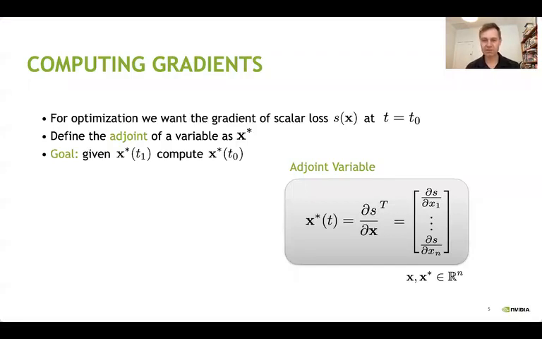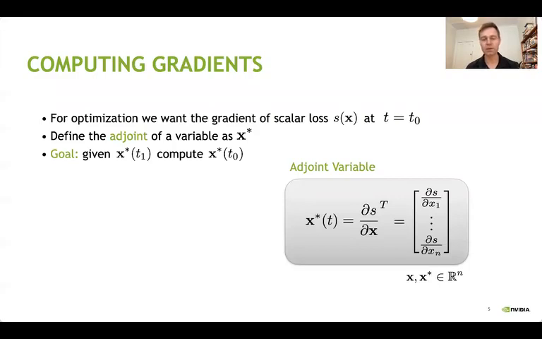So we have our scalar loss, and we would like the gradient of the loss with respect to our initial conditions, x at t0. And we can introduce some more notation and give this quantity a name. We sometimes refer to this as the adjoint of x, and we call this x star. And x star really is just the vector of partial derivatives of S with respect to x.